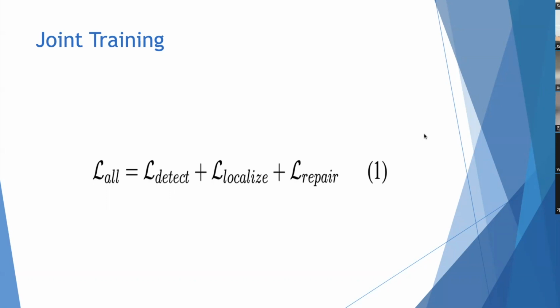As my understanding, the classification loss functions are supposed to use cross entropy, binary cross entropy function. The machine translation problem, L repair, might be the standard sequence generation loss.